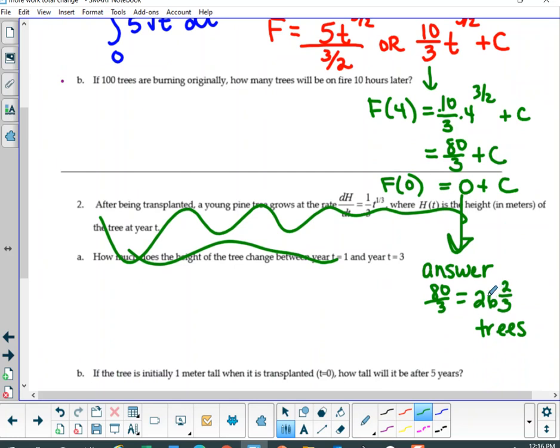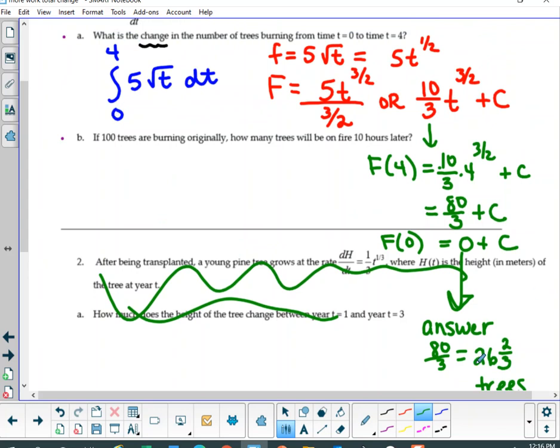So that's the mathematically accurate answer. In the real world, we'd probably see 26 totally in flames and however you want to call something like 2/3 on fire. So 26 to 27 in actual terms. In mathematical calculation accuracy, 26 and 2/3.